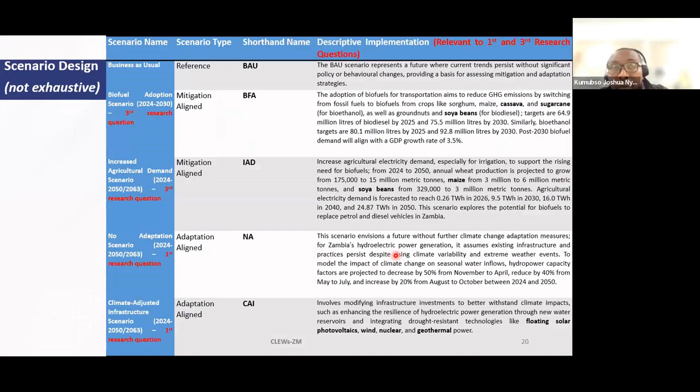If you refer to the renewable energy strategy and action plan, these are the targets that are set by the Ministry of Energy. So this makes it easy while you're trying to model potential and gauge these targets. Then you've got the increased agriculture demand scenario that projects even further. This is what we're now using to see how much biofuel is possible by 2050 to offset imports.